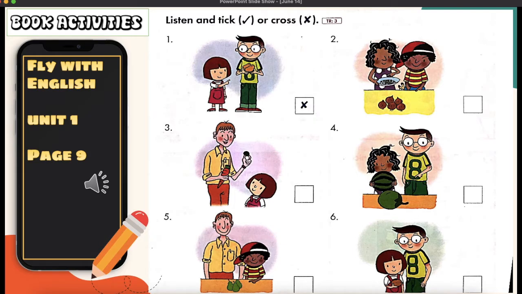What's that, Sue? It's a watermelon. And what's that? Is it a mango? No, it's a coconut. Number 5. What are those vegetables in English? They're not vegetables, Sam. They're fruit. They're pears. Pears. Thank you, Mr. Lee. Number 6. What's this in English, Bill? It's a potato. Is it a fruit or a vegetable? It's a vegetable.